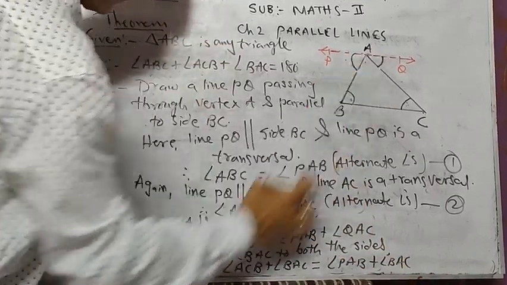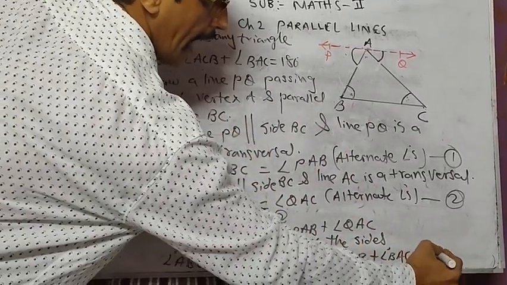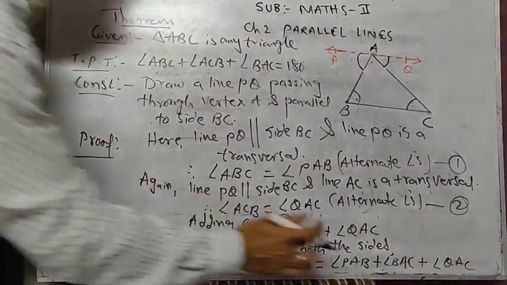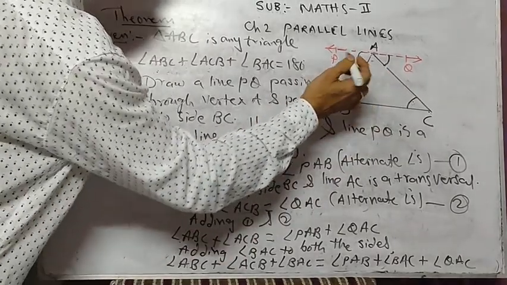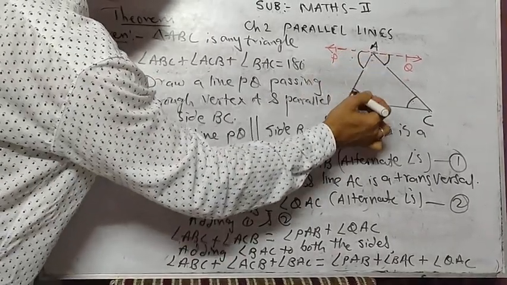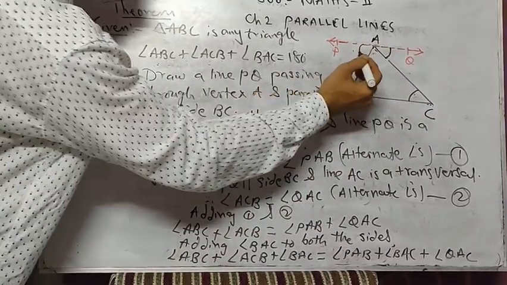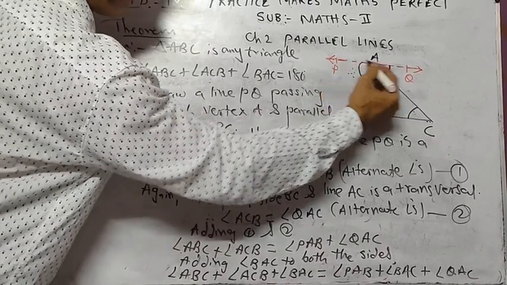This angle BAC I am taking in the middle. Why am I taking it in the middle? Because I will add now. PAB plus BAC will give me PAC. These two angles I will add, so I will get this big angle.